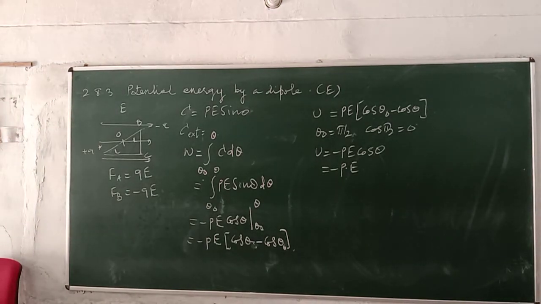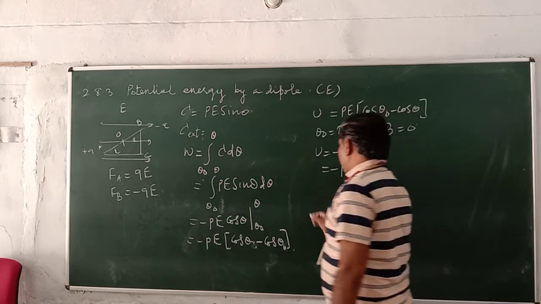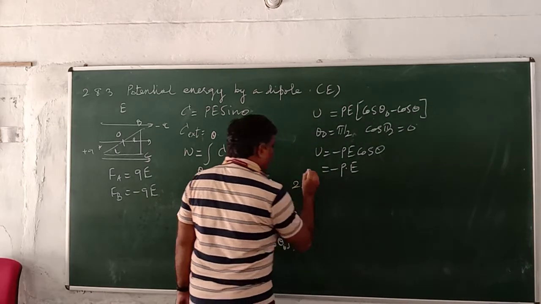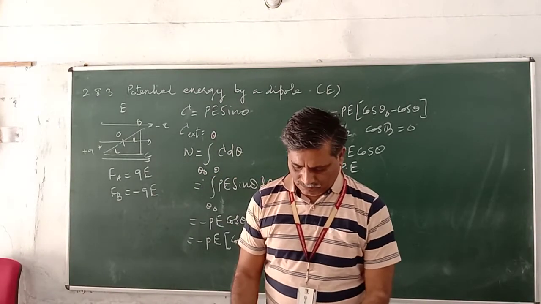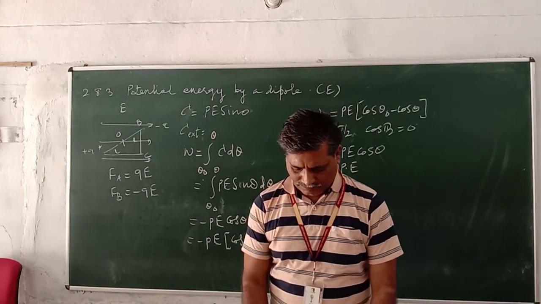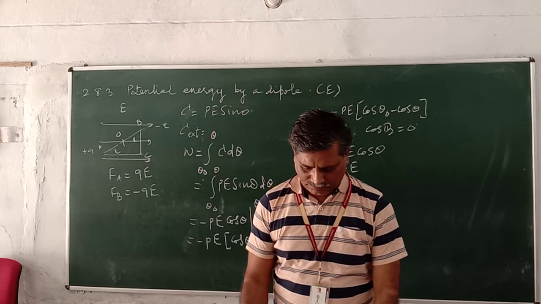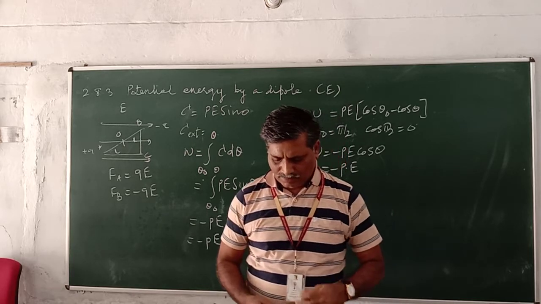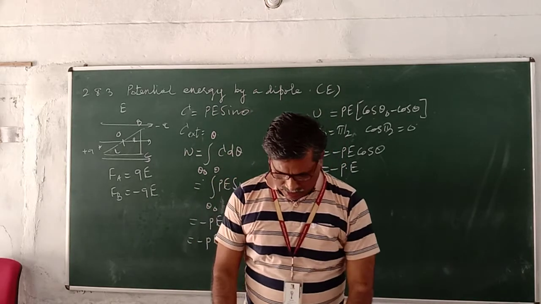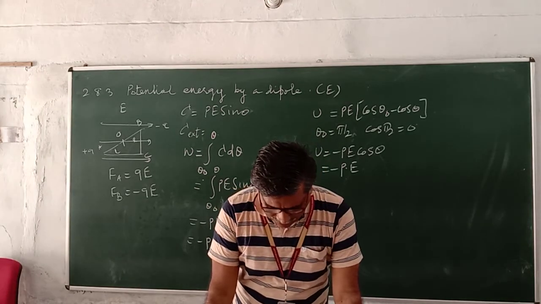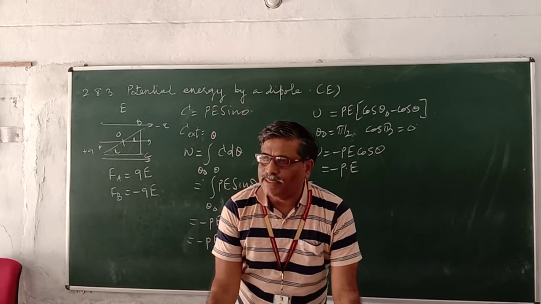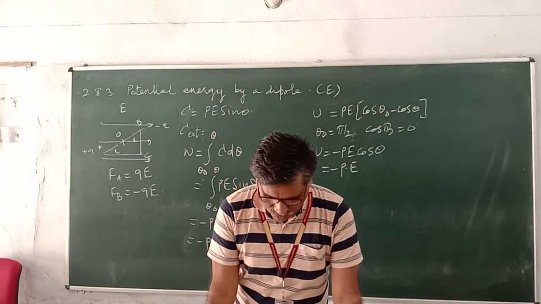Now, there is a problem given, 2.5. Let us read the problem. A molecule of a substance has a permanent electric dipole moment of magnitude 10 raised to power minus 29 coulomb meter.